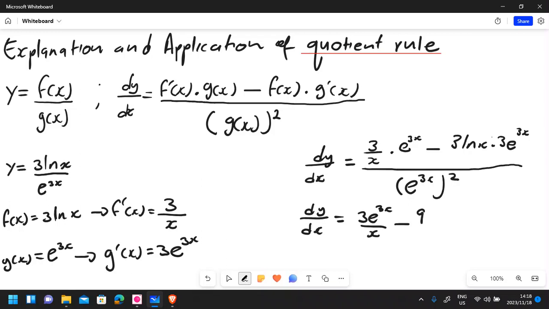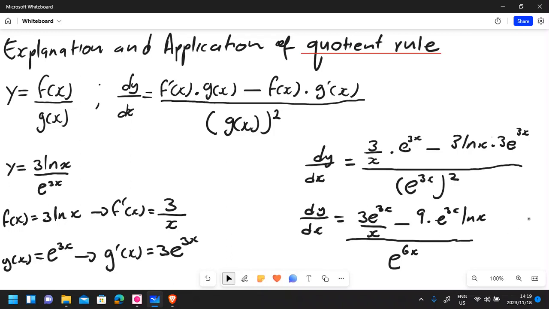You're going to have 9, multiplied by e to the power of 3x natural log x, all this divided by, if you can see there, we have the exponents that are multiplying each other. So this is going to be e to the power of 6x.